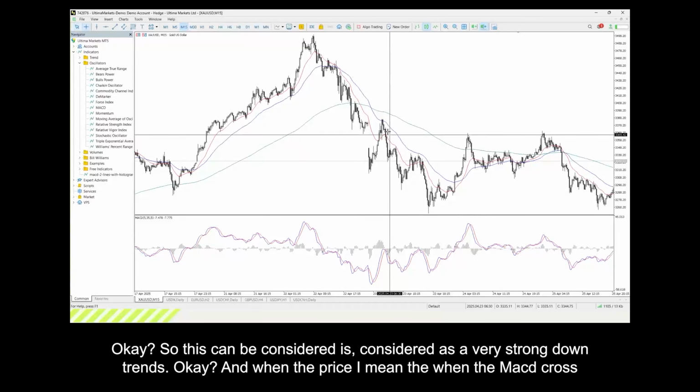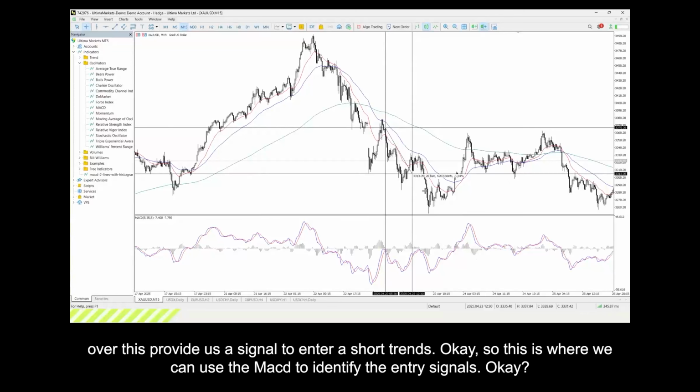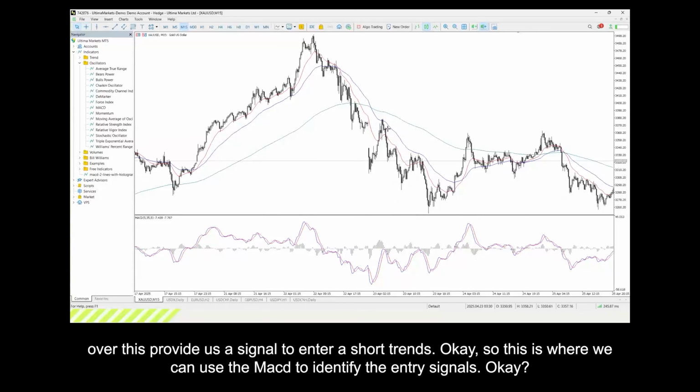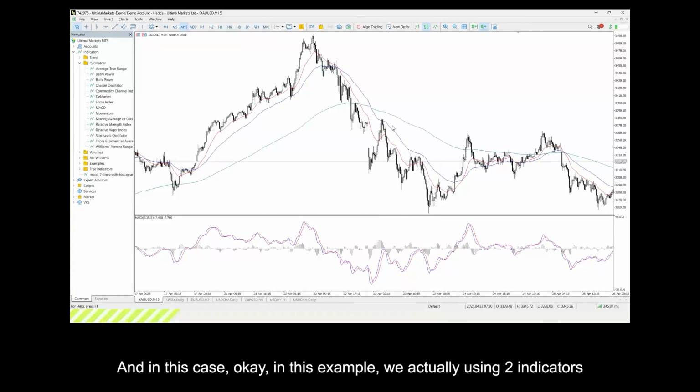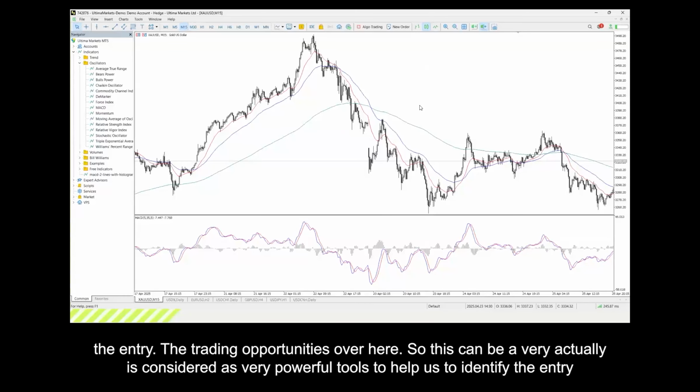And when the MACD crosses over, this provides us a signal to enter a short trade. So this is where we can use the MACD to identify entry signals. In this example, we're actually using two indicators to help us identify the trading opportunities over here.